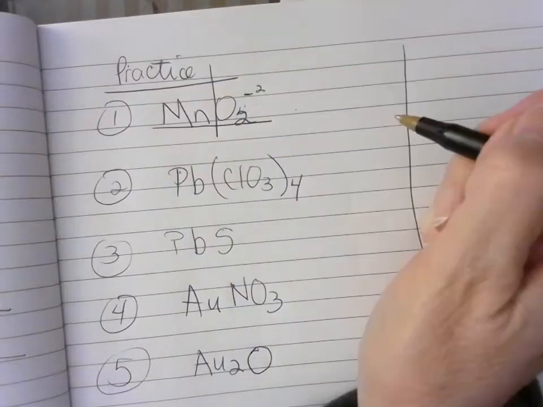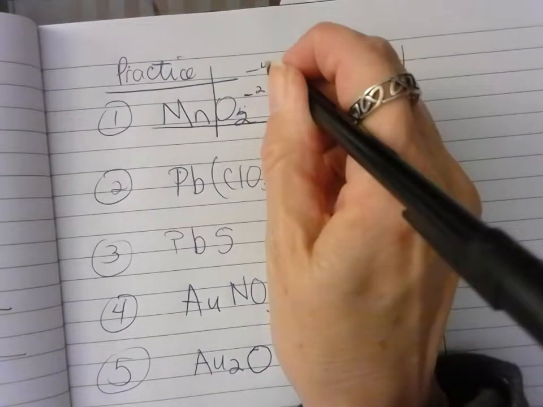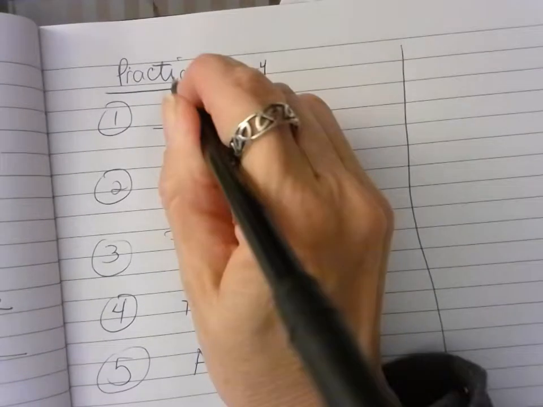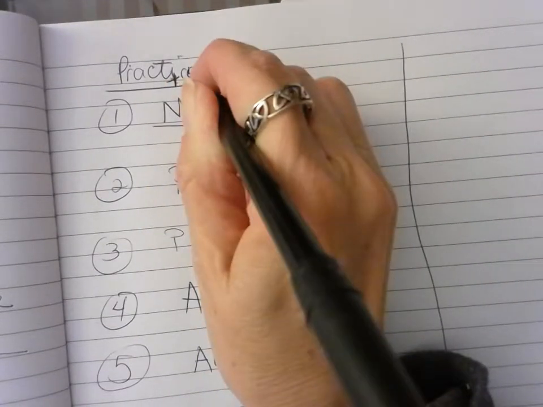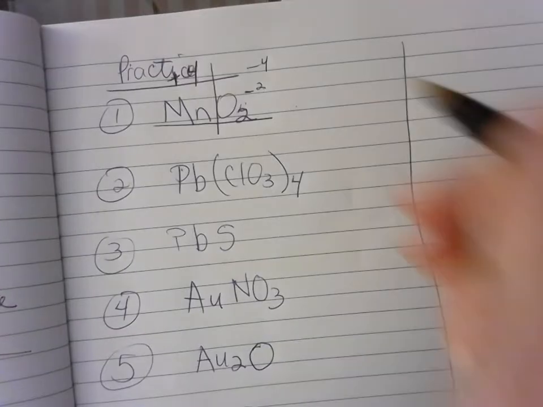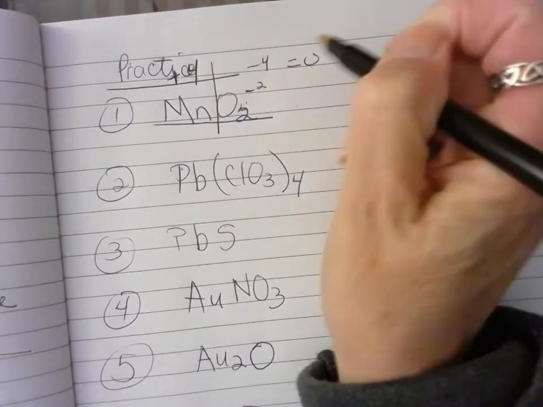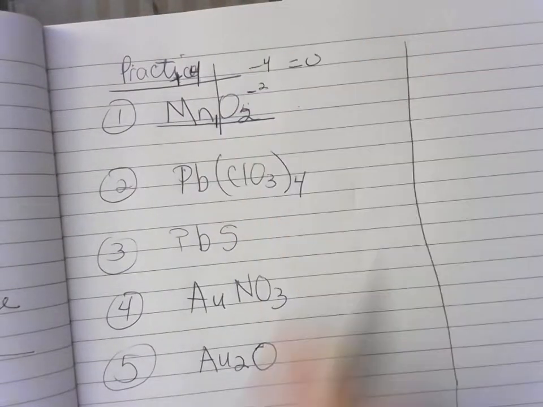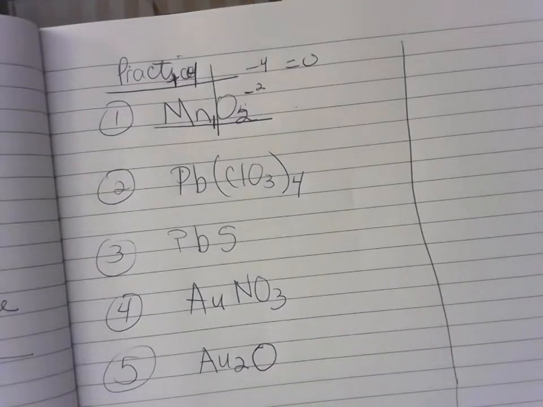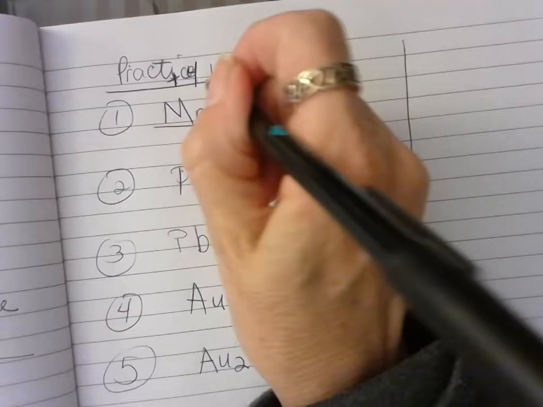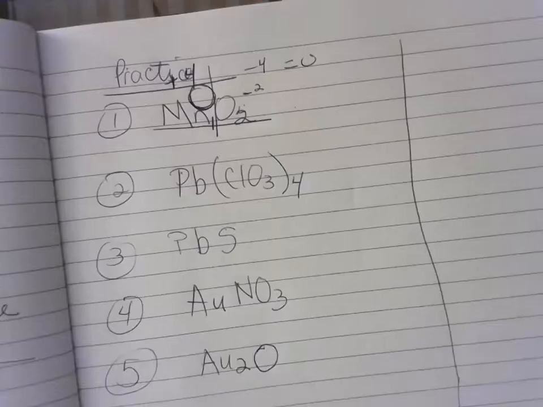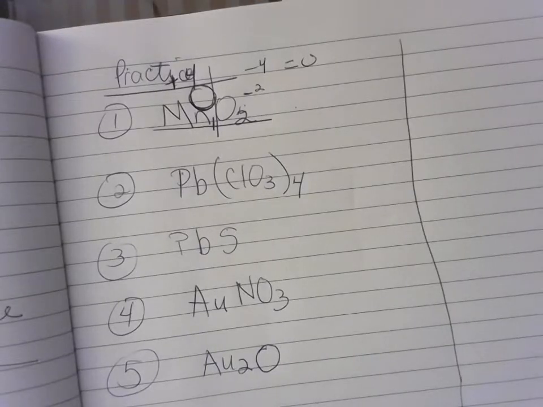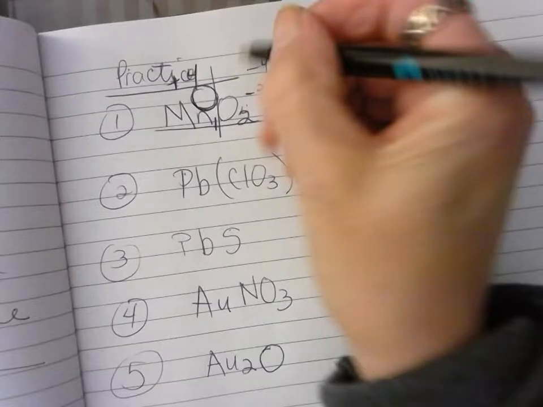So that means this overall would have to be a +4 to equal 0. I've got one of these, so 1 times whatever this mystery oxidation number is will give us +4. So 1 times +4 gives us a +4.